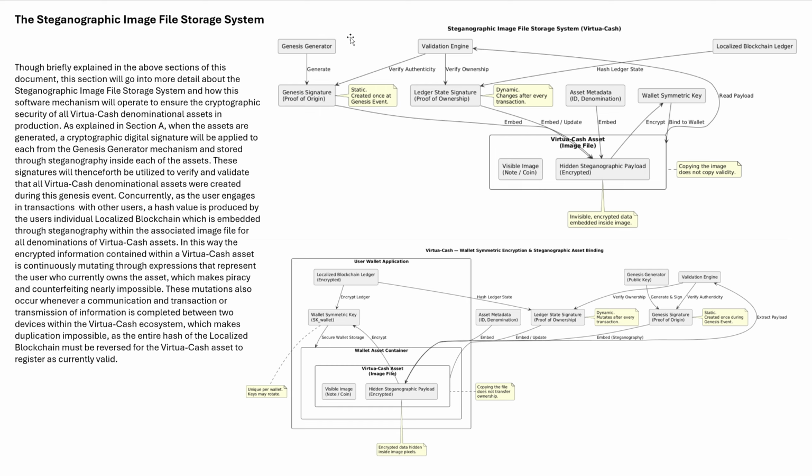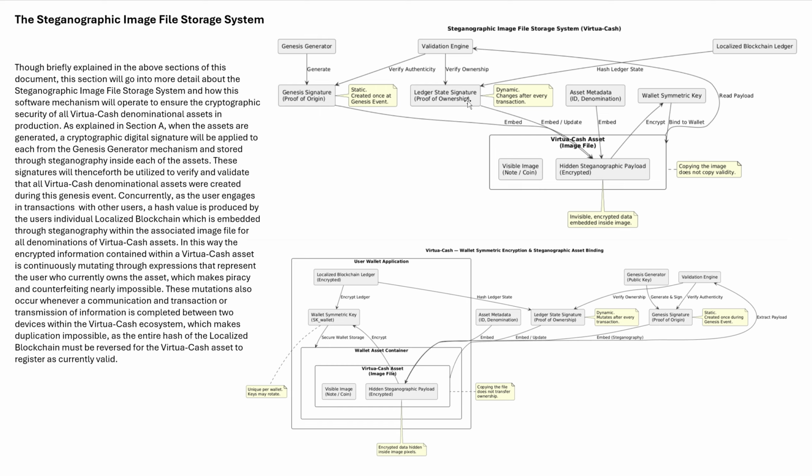So in our diagram here, our steganographic image file storage system for the virtual cache, we have our Genesis generator, like we talked about in section A, the first mechanism we discussed. The Genesis signature then has the proof of origin, which is embedded into the virtual cache asset.